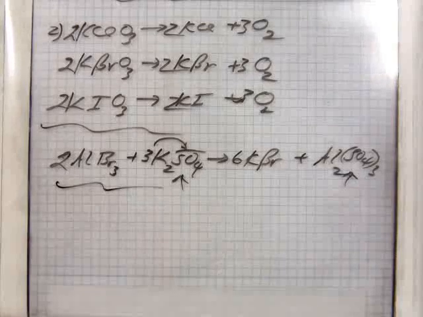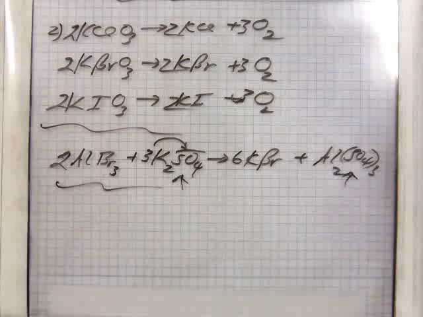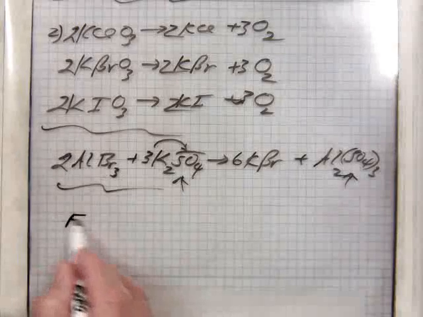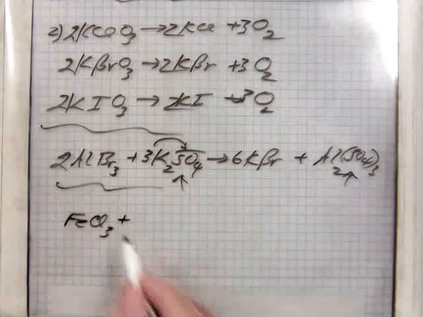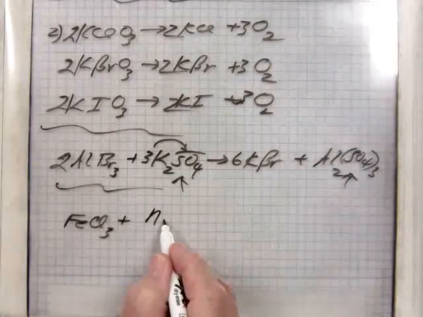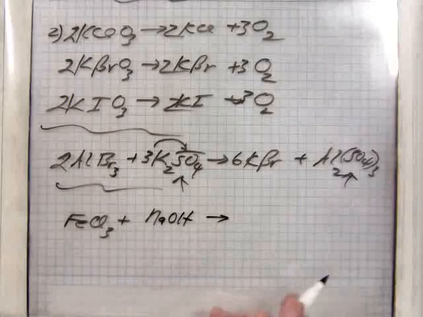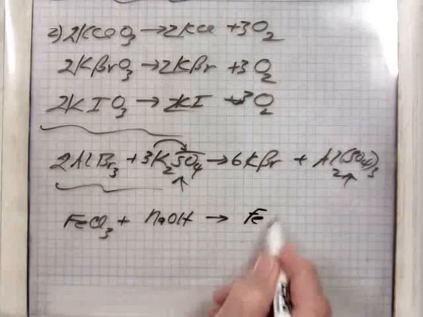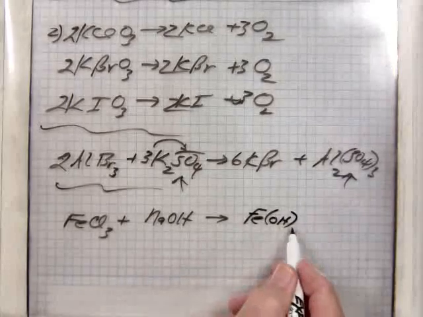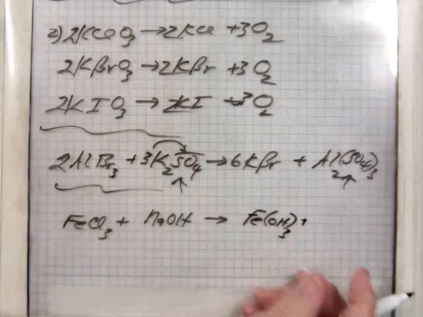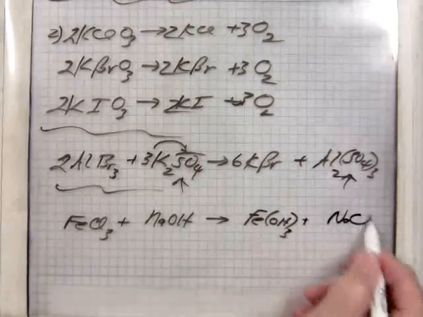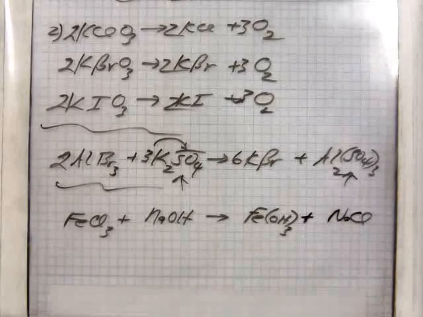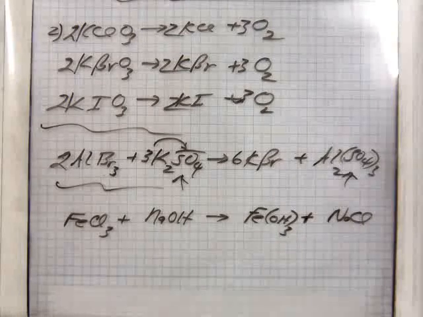Let's see, there's another one. Most of them you're probably very familiar with, and here's another metathesis. Here's iron chloride, same idea, going to iron hydroxide and sodium chloride. Look at the polyions in the collection and try to balance those first.